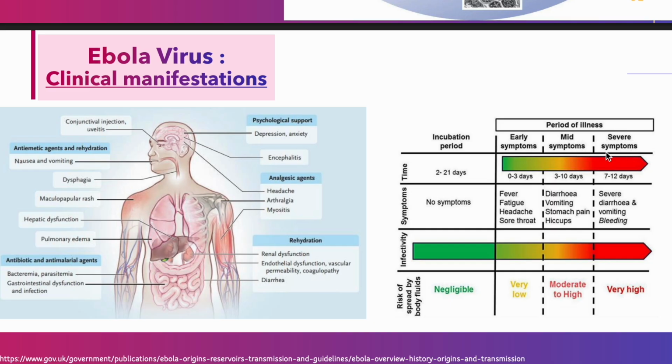For the severe symptoms, 7 to 12 days, you get fluid leakage, like severe diarrhea, vomiting, and bleeding.